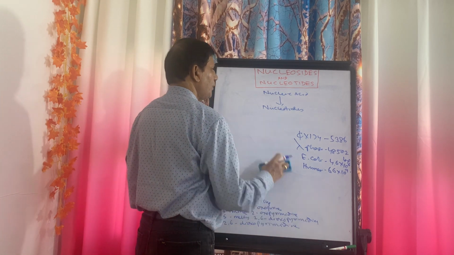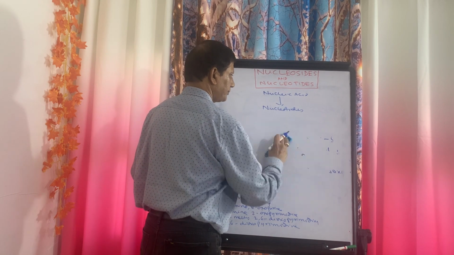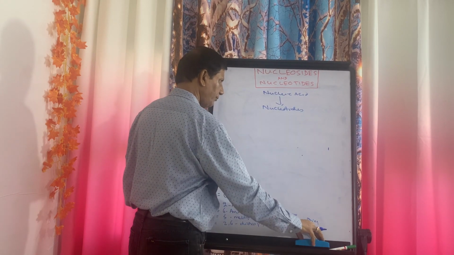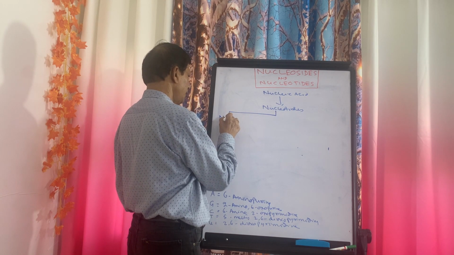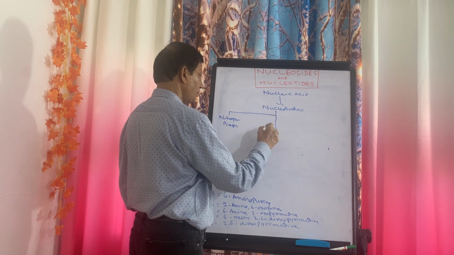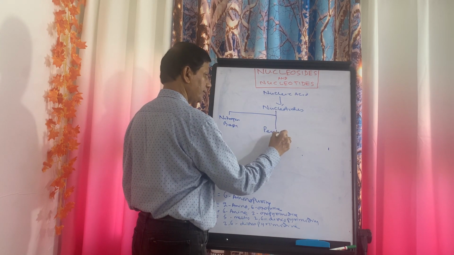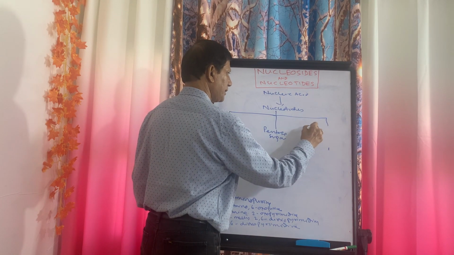Now, each nucleotide again consists of three things. It consists of one nitrogen base, one pentose sugar, and one phosphoric acid.